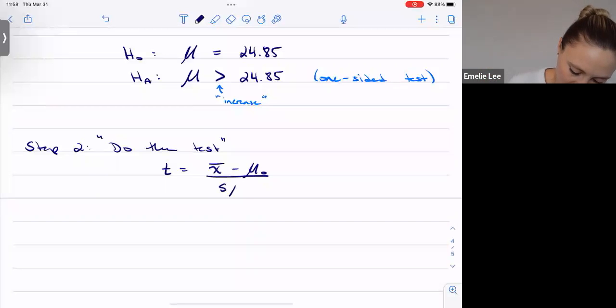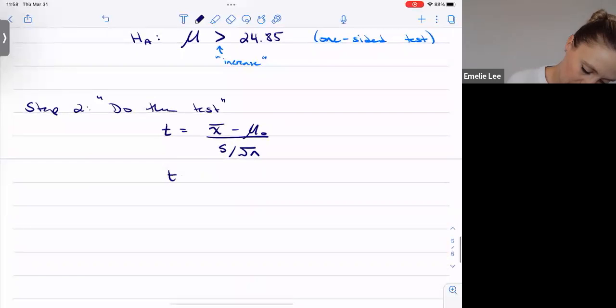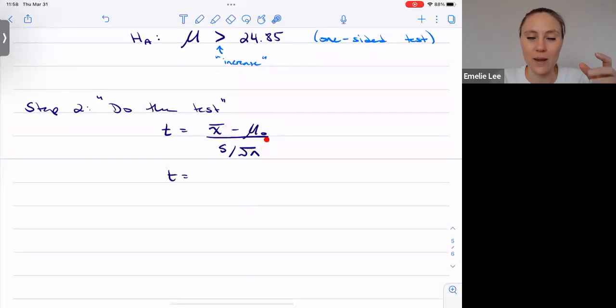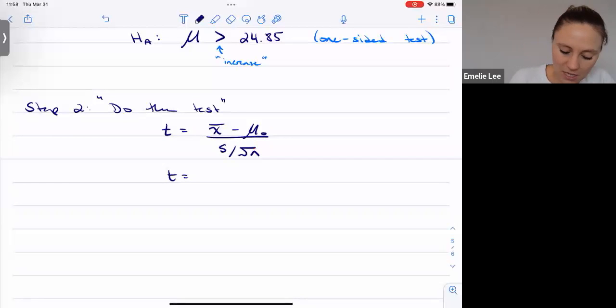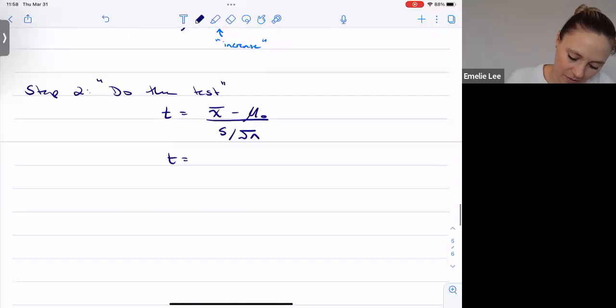Taking into account S over root N, which is the spread of X bar. So I want you to get in the habit of writing out your empty formula that you're filling in before you fill it in, because otherwise it's really hard to follow if you go back and look at your work. Sometimes I get lazy and I don't do that, but most of the time I'm pretty good.